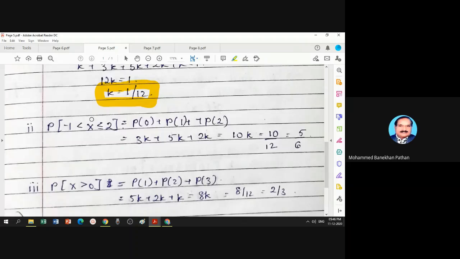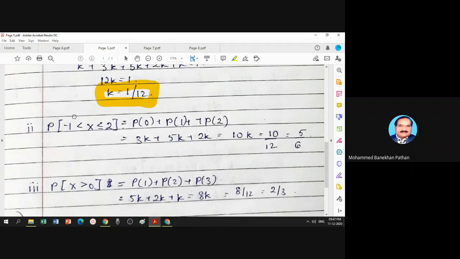Or it may be 1, or it may be 2. So this event is satisfied by these three possible values. And to satisfy this condition, I don't require all three at a time. I require any one to satisfy this. So when I want any one, between the probabilities I put a plus sign. That is to be remembered.